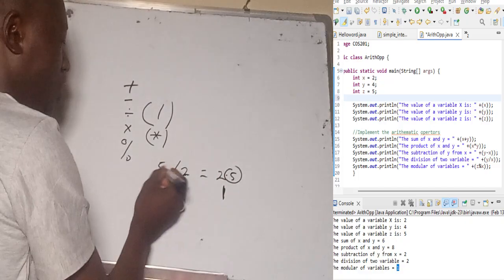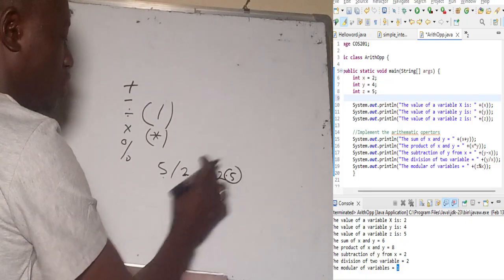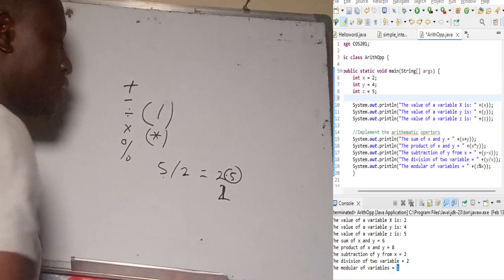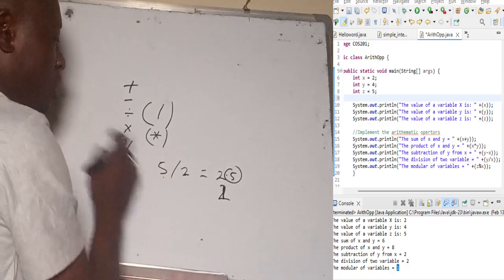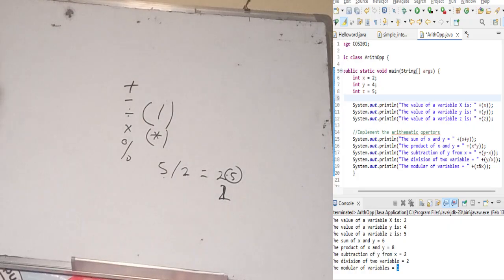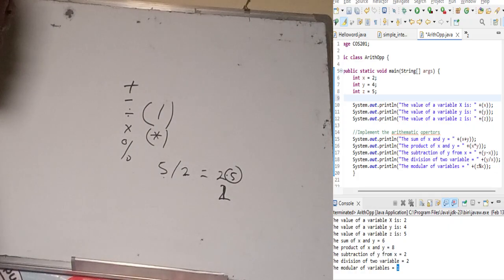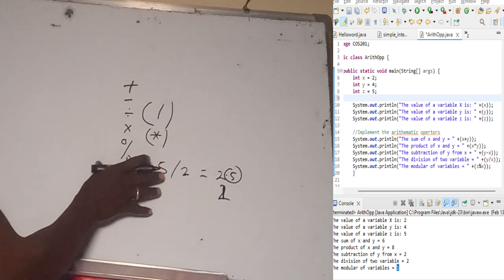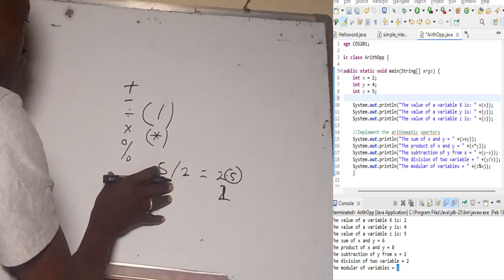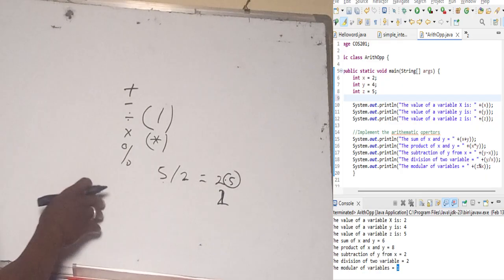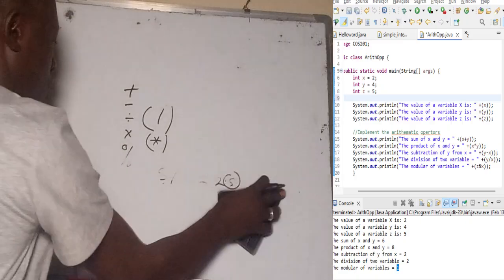That is to say, you have 4 by this, you have 2, and then you are going to be left with 1. So the remainder is what is going to return to the program. That is the function of this percentage sign, which we call modular. Please, you should not forget. So these are arithmetic operators that we are having in the Java programming language, and we are going to look at how they will be able to operate in our program.